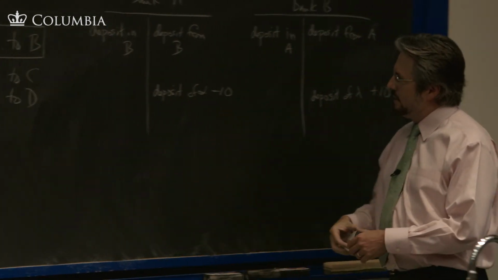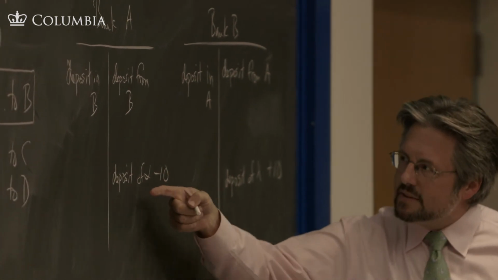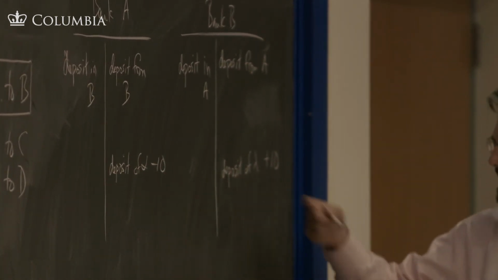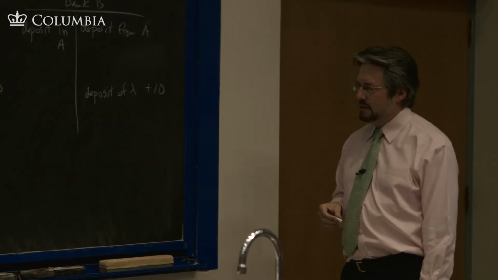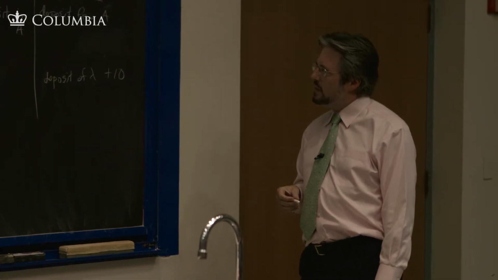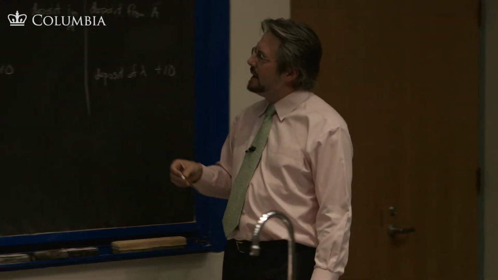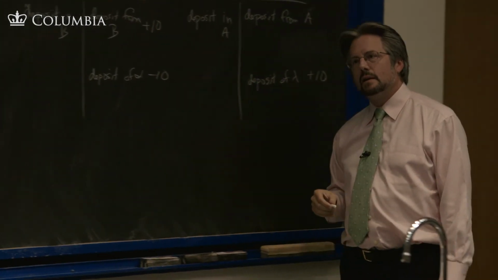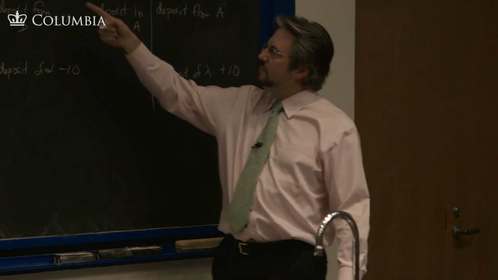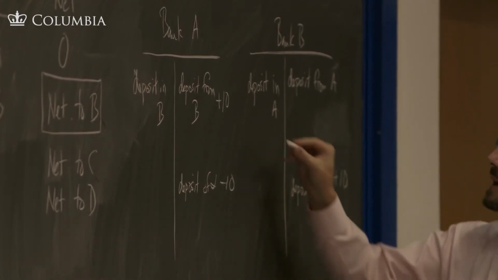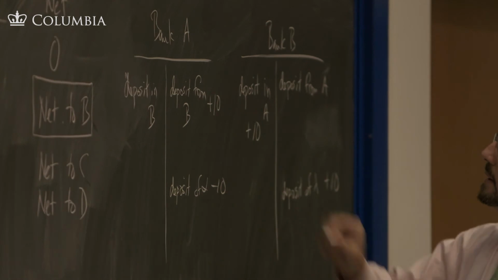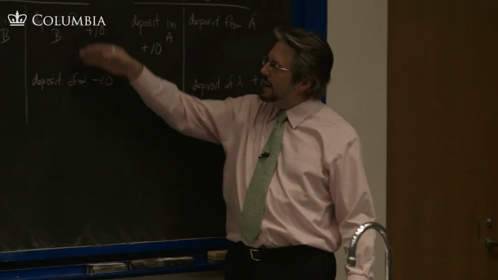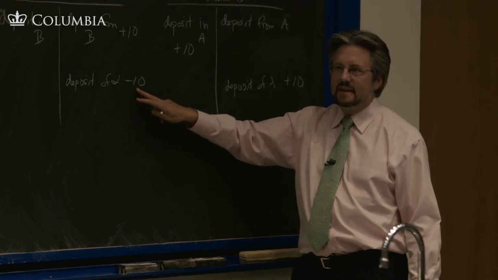Again, we need to somehow move this: alpha's account is getting debited by 10, lambda's account is getting credited by 10. What other way could we do it? Another way is we could increase the deposits here, increase the liabilities of Bank A to B. In this case, this balance sheet, plus 10, minus 10, doesn't move.